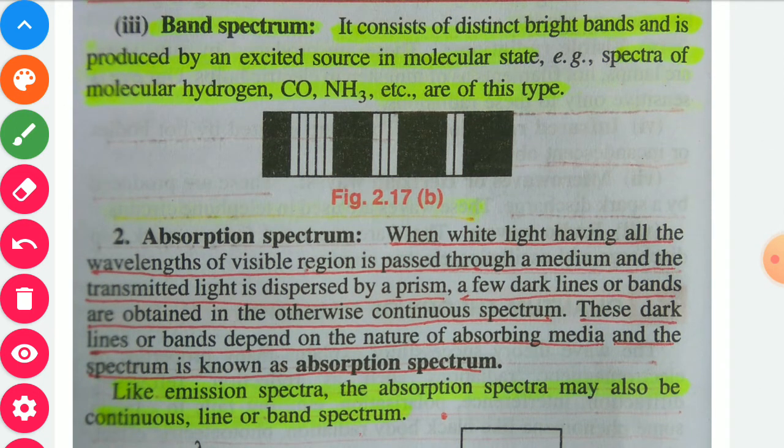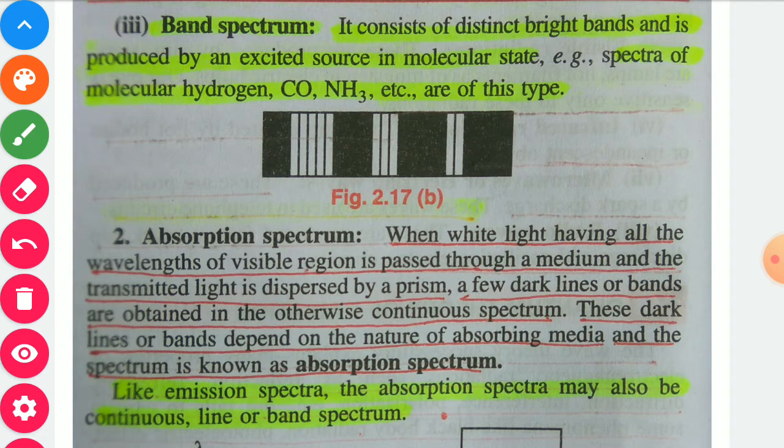Second is absorption spectrum. When white light having all the wavelengths of the visible region is passed through a medium and the transmitted light is dispersed by a prism, a few dark lines or bands are obtained in the otherwise continuous spectrum.